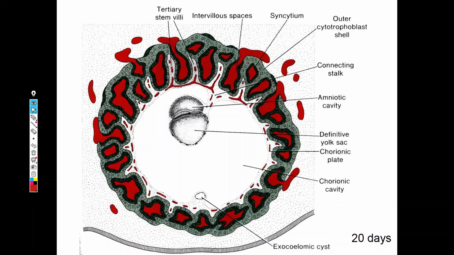You can see how small the embryo is. It's because it doesn't have enough nutrition, but it's a very normal state. It's not a pathology. It won't take long, actually. You can see it right here. This is the connecting stalk, and also you can see it here in the extraembryonic mesoderm.